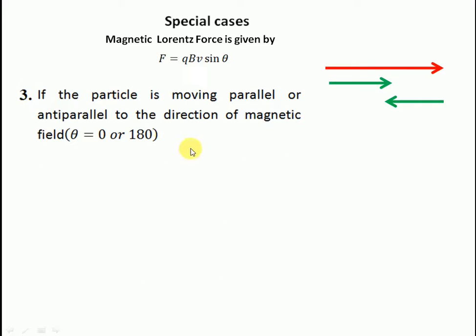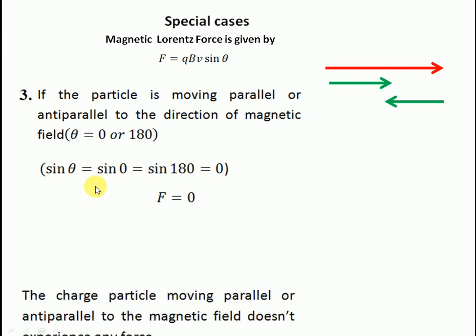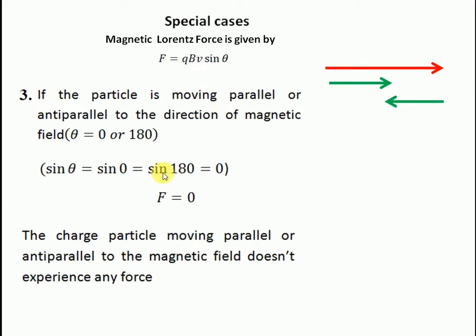If the particle is moving parallel or anti-parallel, where the red one is the magnetic field going towards right, and the charge moves towards right or anti-parallel towards the left, then theta is 0 or 180 degrees, so sin theta will be 0, and the force is also 0.